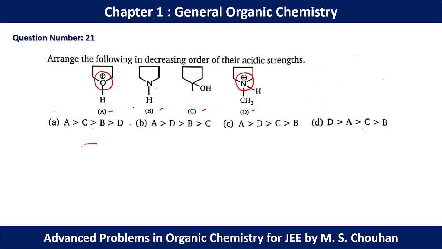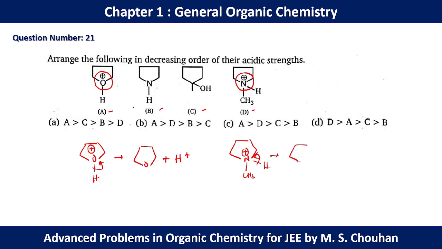So the molecule A will dissociate this oxygen hydrogen bond like this, and it will give H plus readily in the system, as well as the molecule D also will release H plus, and it will give a neutral nitrogen atom in the system readily.